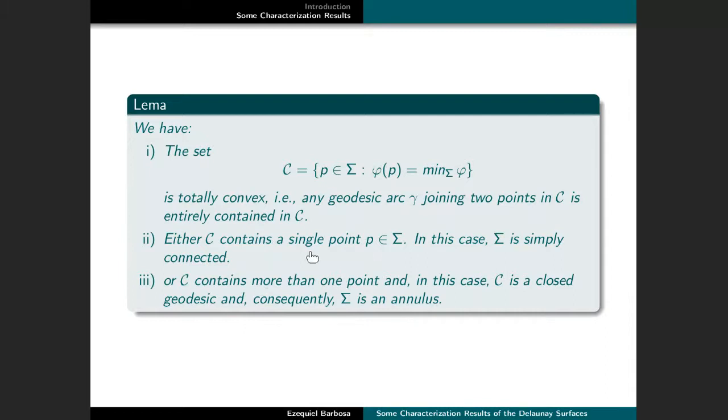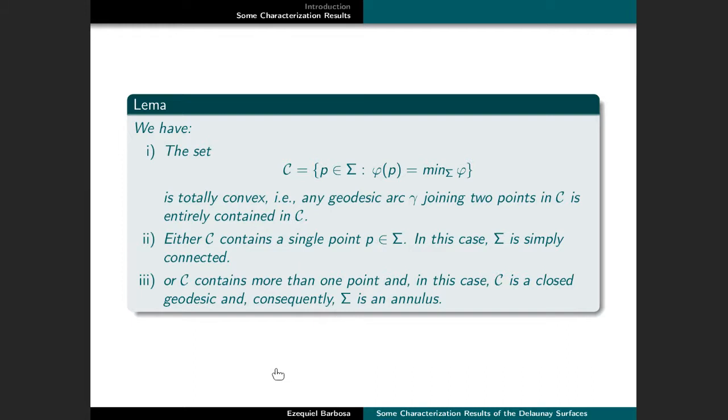We can now explore this situation in order to prove that the fundamental group of the surface is cyclic, because actually, if the surface is not simply connected, you consider the fundamental group based at a point in C. You take a non-trivial class, and this non-trivial class has geodesics, and then you can prove that this geodesic is exactly this curve C here, because of the convexity of the function phi.